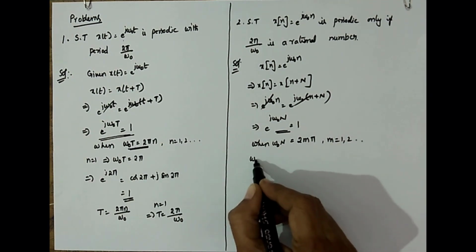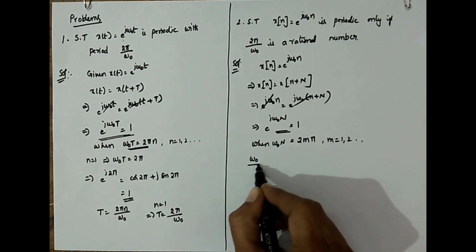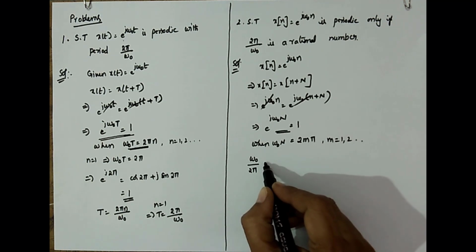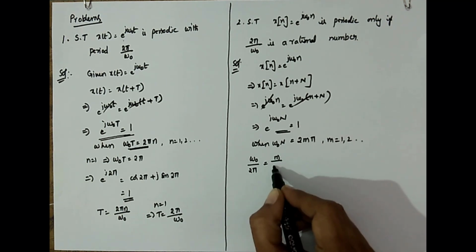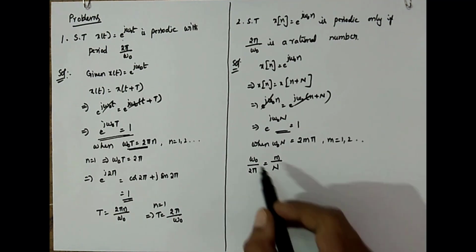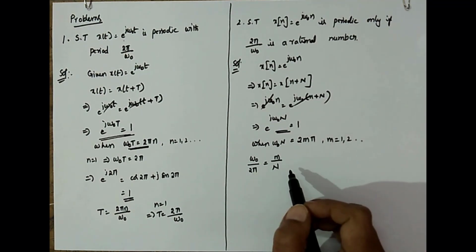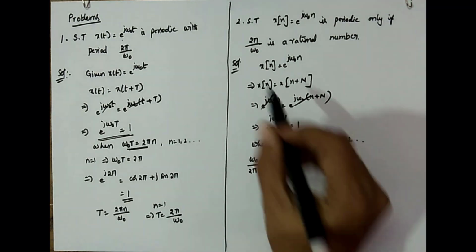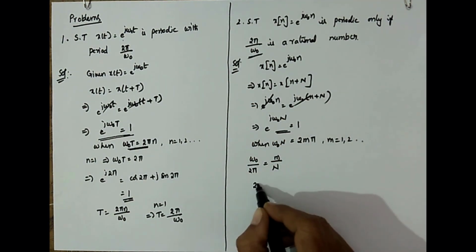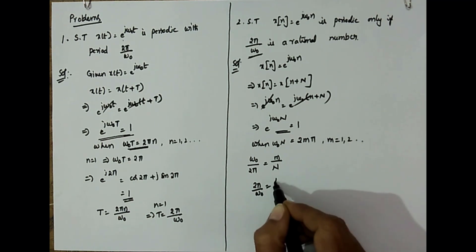So what is omega naught by 2 pi now? Omega naught by 2 pi is m by N. In the given question, it is 2 pi by omega naught, which is N by m.